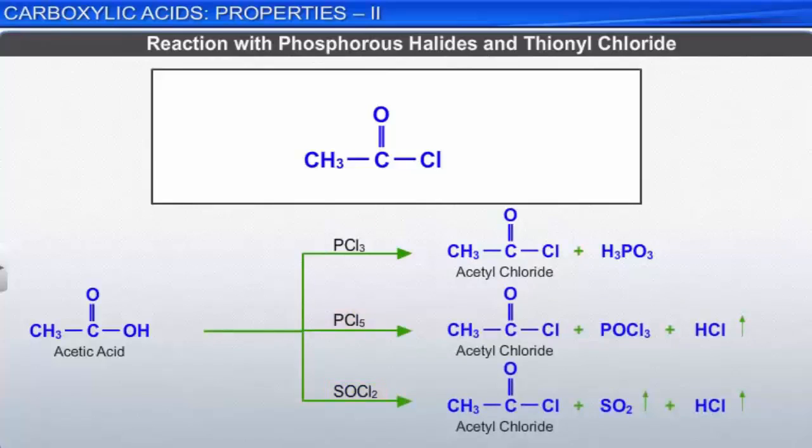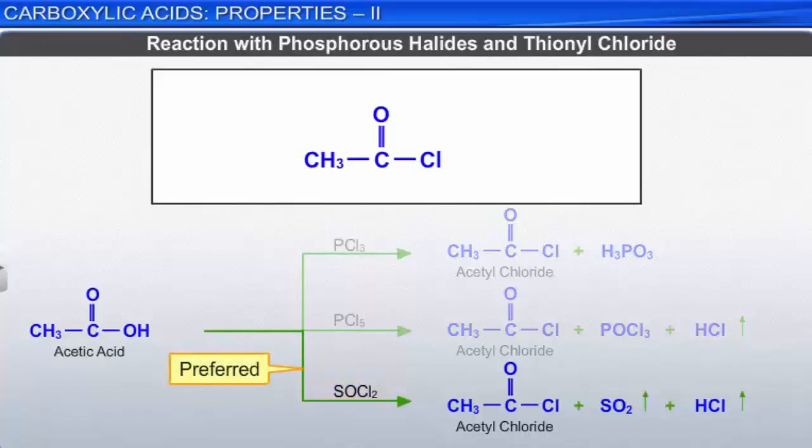Note that although acetyl chloride is the main product in all three reactions, the byproducts vary. Thionyl chloride is preferred because both the byproducts, sulfur dioxide and hydrogen chloride, being gases, escape the reaction mixture, making the purification of the products easier.